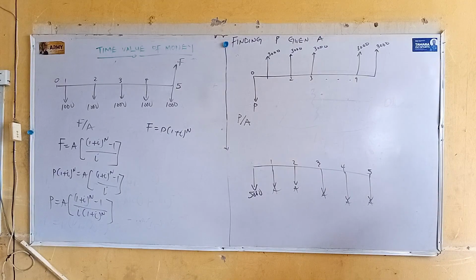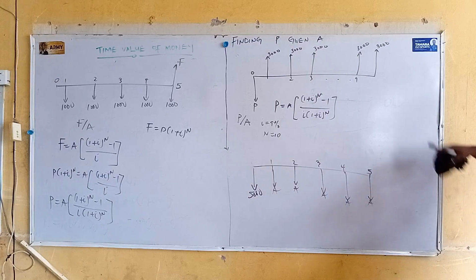Example 4.13 says: how much money can a company borrow to finance an ongoing project if it expects revenue of 14,000 per year over a 5-year period?